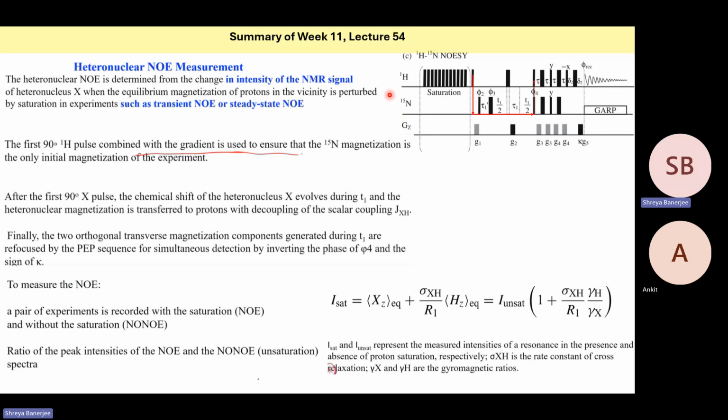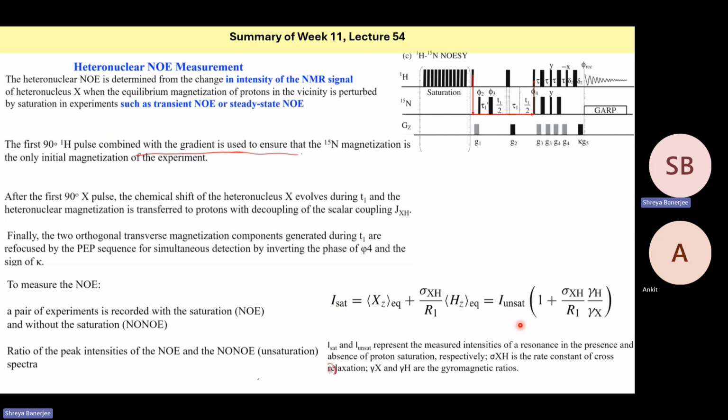Whatever is the Z magnetization of the X nucleus is taken, plus sigma xh, which is the rate constant of cross relaxation, we saw the calculation previously, divided by R1, the longitudinal relaxation rate, times the Z magnetization of hydrogen. So this is I saturation, the intensity when the 1H channel is saturated.